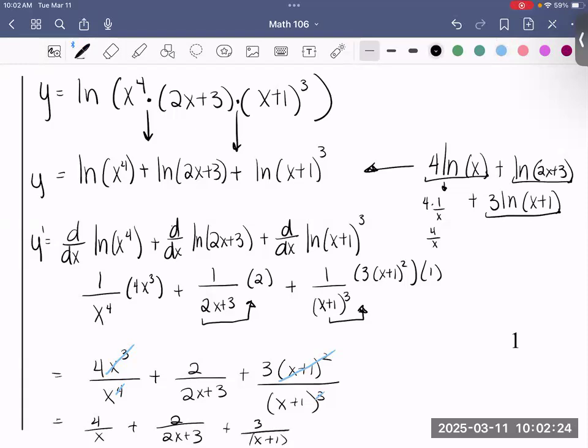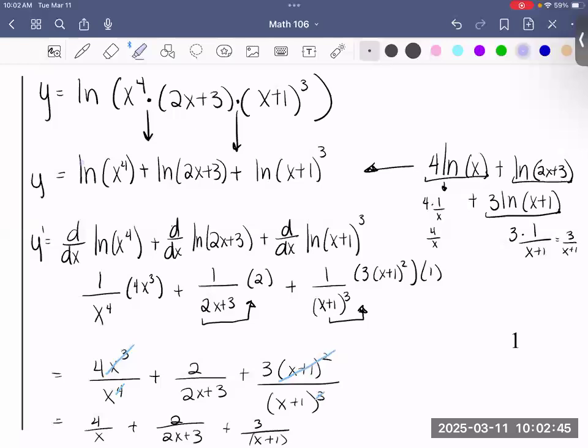You have 1 left over. So that means if we were to derive this one, this is 3 times 1 over x plus 1. So it makes 3 over x plus 1. That is exactly what we have here. You're just getting there in 2 separate ways. One way is to use the extended property.